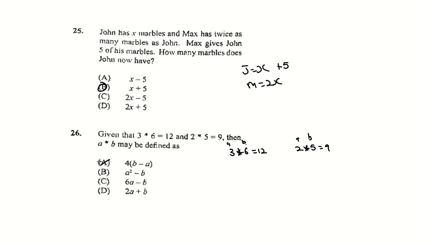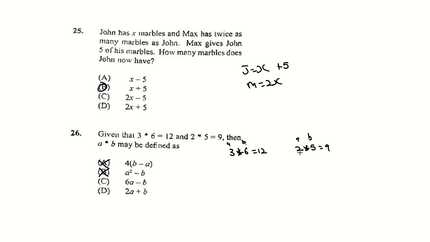So A is not your answer, right? Because if you substitute these values into this, you're not getting 9. You're getting 12 as well. A squared, that's 3 squared, that's 3 3s are 9. 9 minus 6, nope, can't work. C, we have 6 by 3 is 18. 18 minus 6 is 12.